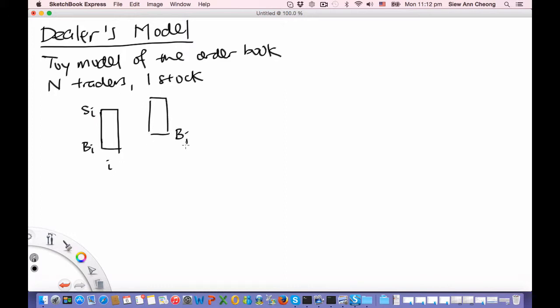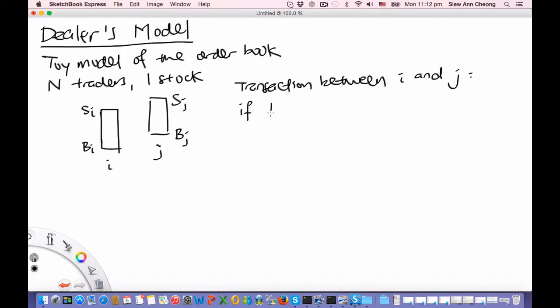So for example, BJ and SJ for trader J, and the condition for a transaction between I and J is that BI is greater than SJ, in which case I buys from J.